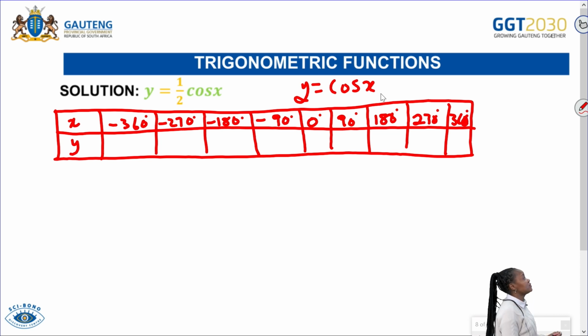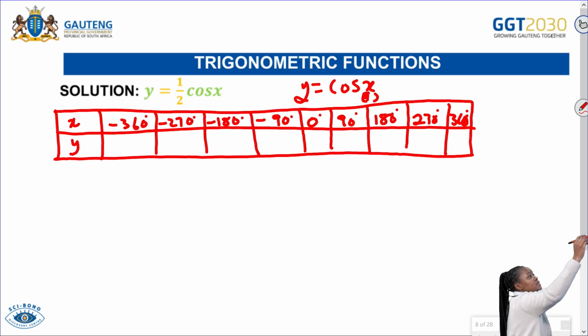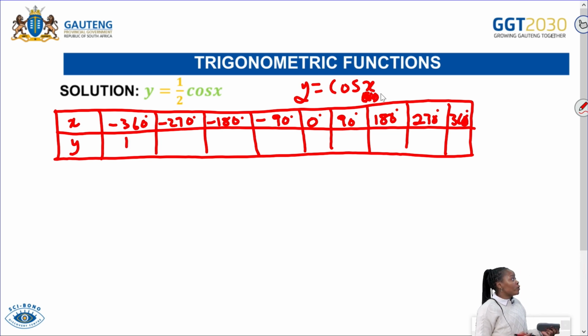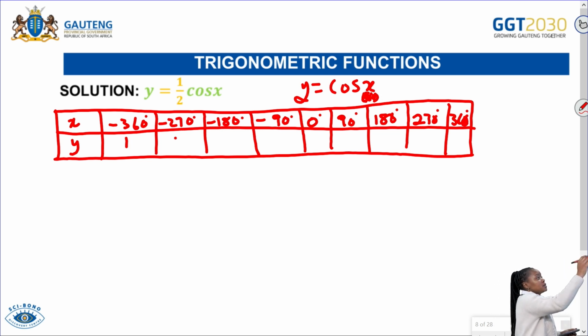Let me have these values of x. So if I substitute -360 where there is x, I get 1. Unlike the graph of sine, whereby when you substitute -360, you get 0, right? Okay, so now I'll substitute -270 degrees, I'll get 0.